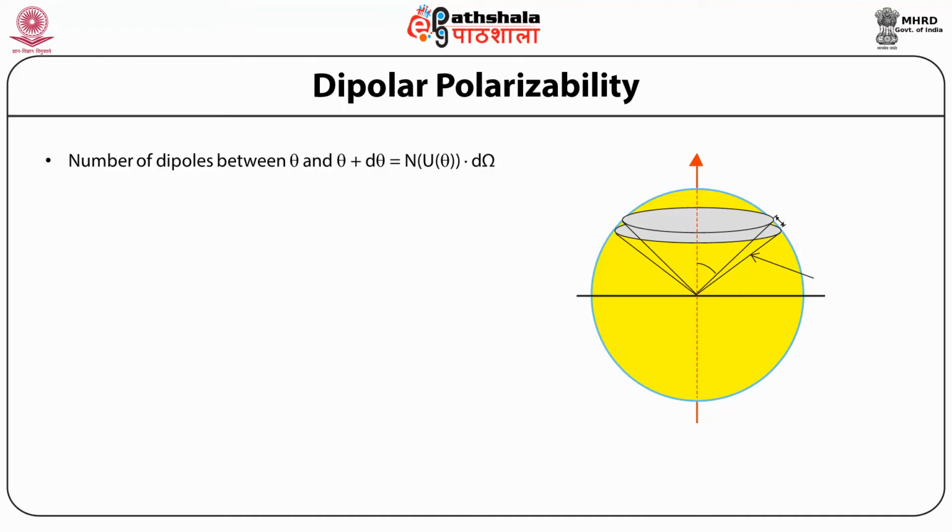So students, you can see on the left hand side, this corresponds to a dipole cone. This implies that the number of dipoles between theta and theta plus d theta is equal to N(theta) into d omega. So the total dipole moment is nothing but the sum of components of mu of dipole moments in the direction of the applied field.